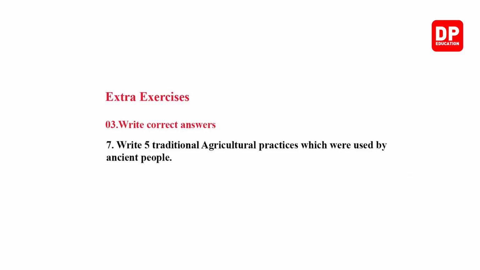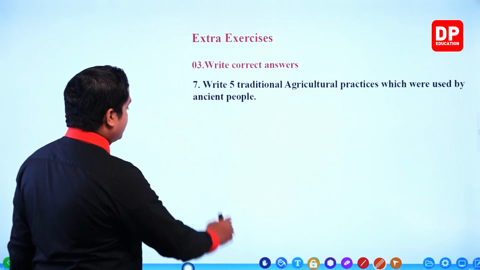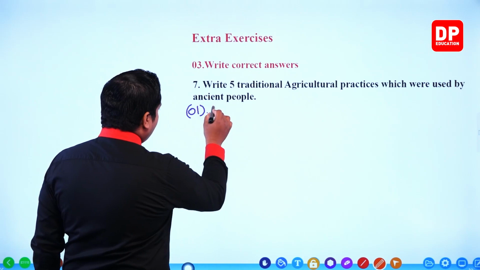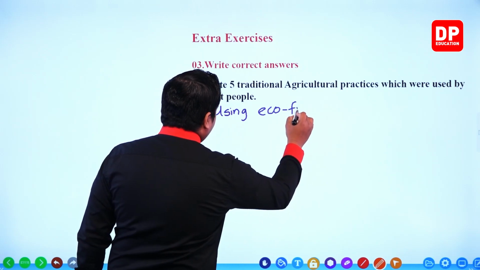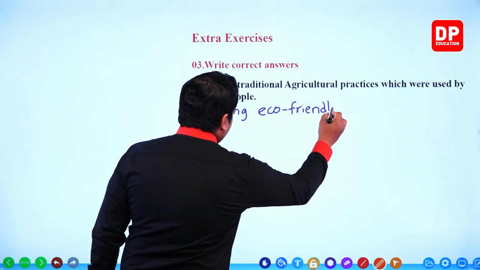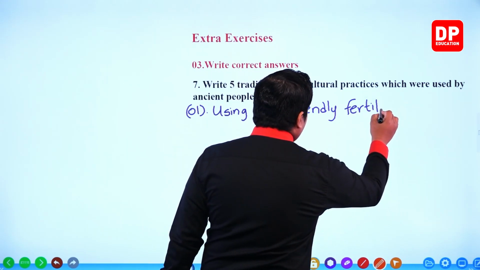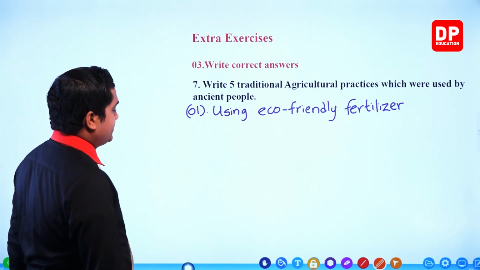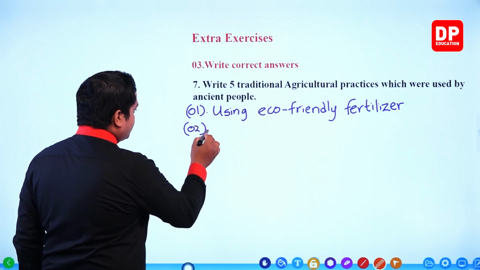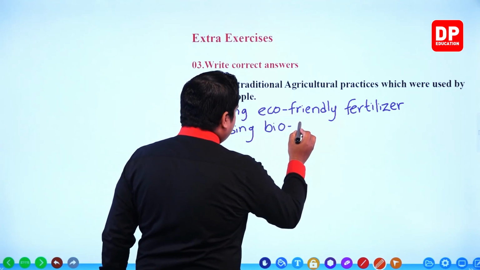Next one. Write 5 traditional agricultural practices which were used by ancient people. Right. Number 1, using eco-friendly fertilizer. Right? Number 2, using biopesticides.